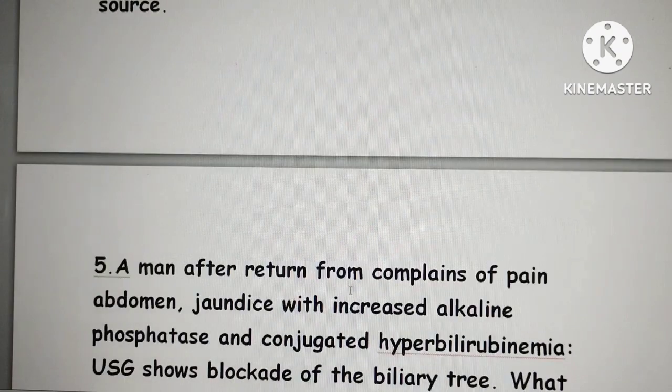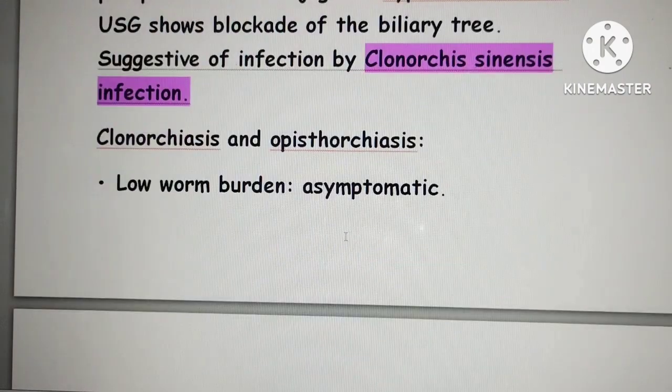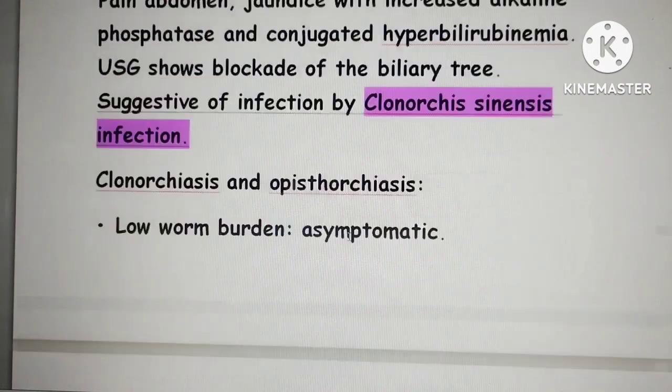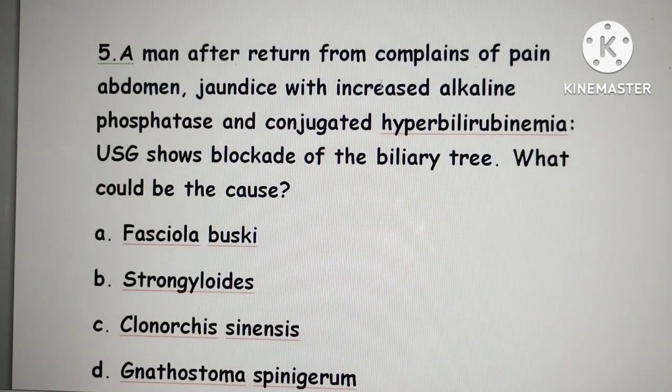So fifth question: a man after returning from northeast China complains of pain in the abdomen, jaundice, with increased alkaline phosphatase, conjugated hyperbilirubinemia, and usually shows a blockade of the biliary tree.